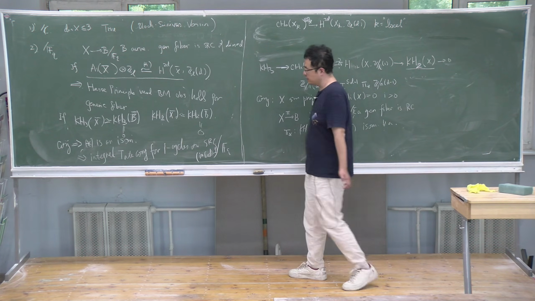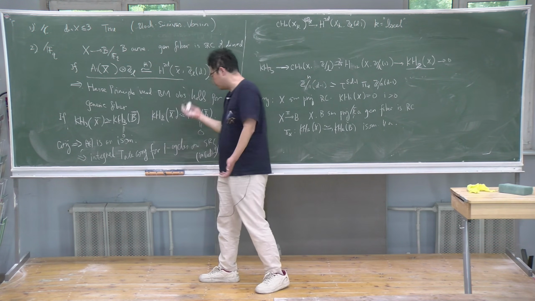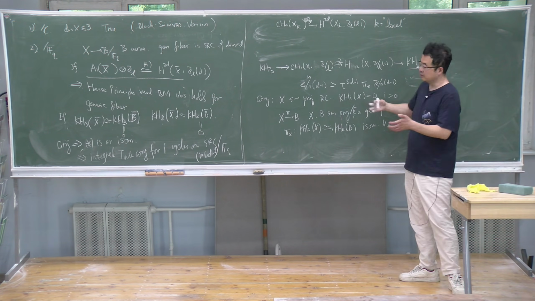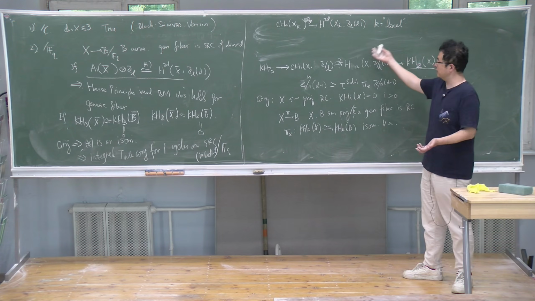And there I said that if you know this integral Tate conjecture for one cycles for smooth projective varieties, you should expect this for the central fiber, and then this should be injective.